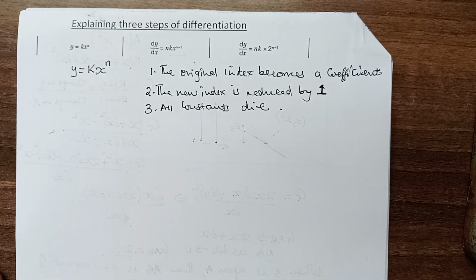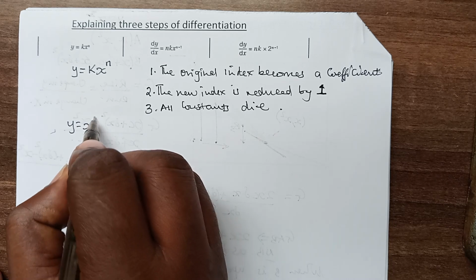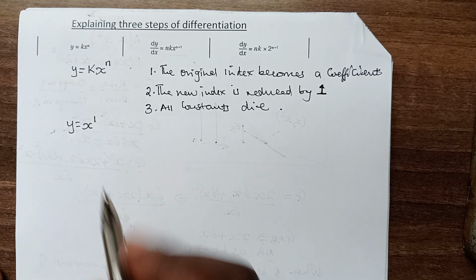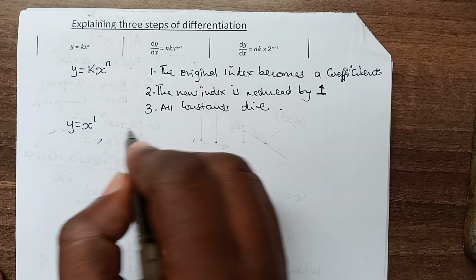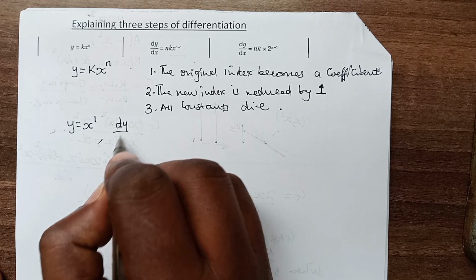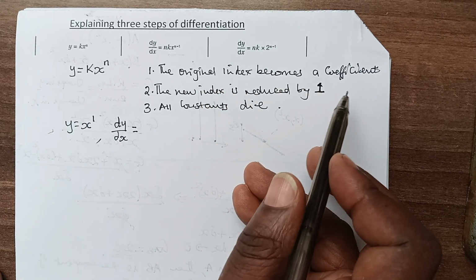Now, I want us to refer to the table that is just above this explanation in the same slide. The first function is y is equals to x raised to power 1. If we follow the first step, in an attempt to find the gradient, which is the change in y over the change in x, the original index becomes a coefficient.